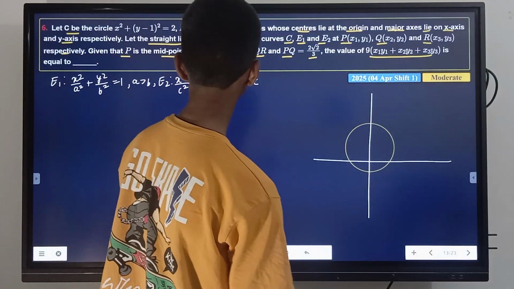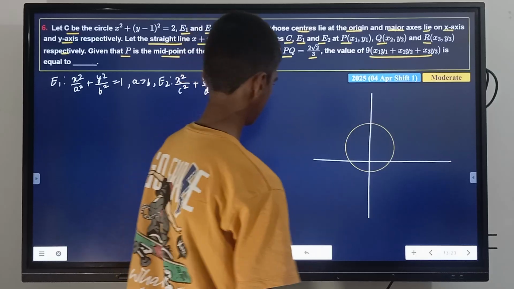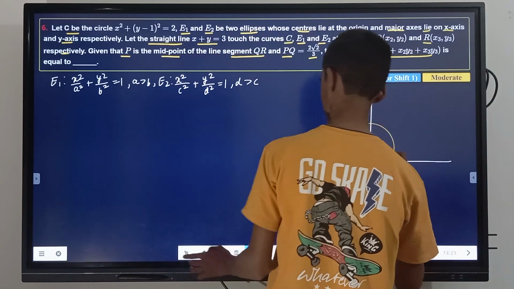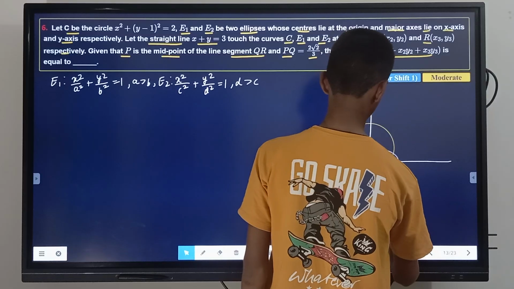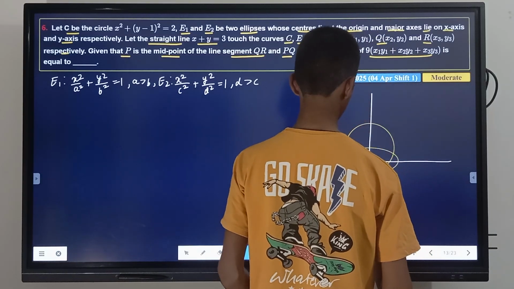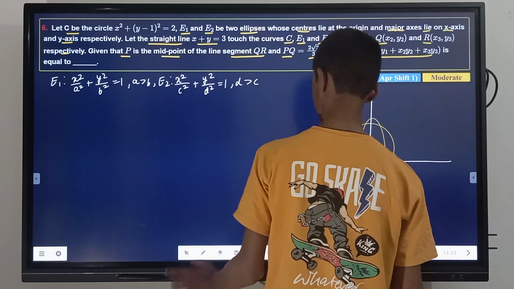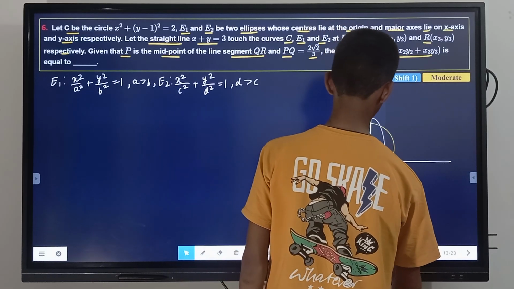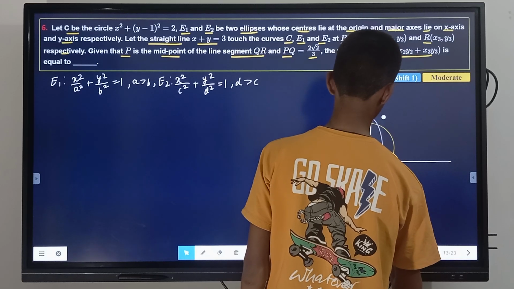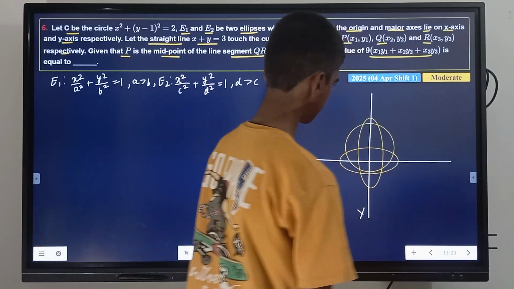Now our ellipse E1 will look like this. Center of ellipse E1 is origin, and then we have our ellipse E2. Center of E2 is also origin, with axes y-axis, x-axis.